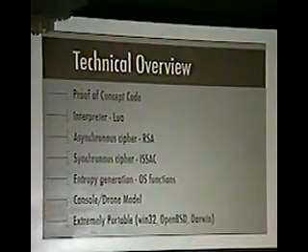Another component is entropy generation. Cryptography is worthless without good entropy, without a good pseudo-random number generator. As you may have figured out, we use a console drone model. And one big plus is this code is extremely portable.